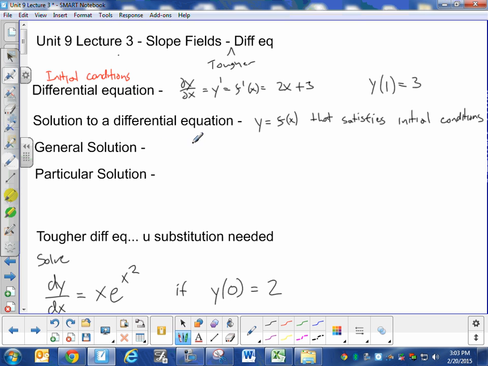A general solution will just be the antiderivative with the plus c. So if I have that dy dx is equal to 2x plus 3, I could say y or f is equal to x squared plus 3x plus c. It's just really the antiderivative of your differential equation. And the reason why it's general is because of the plus c.